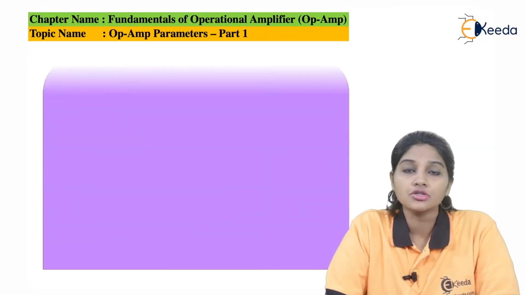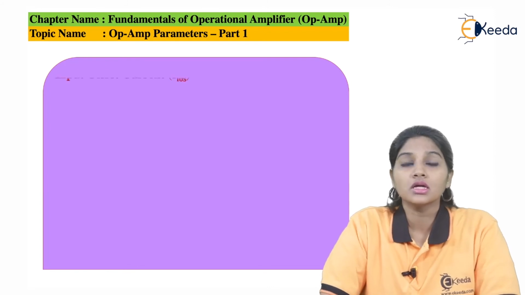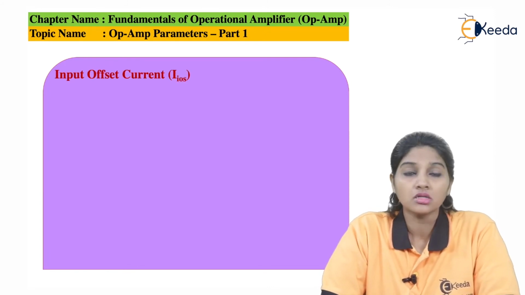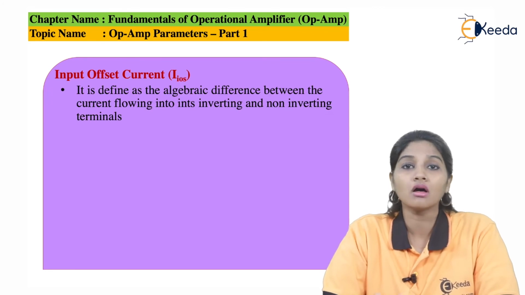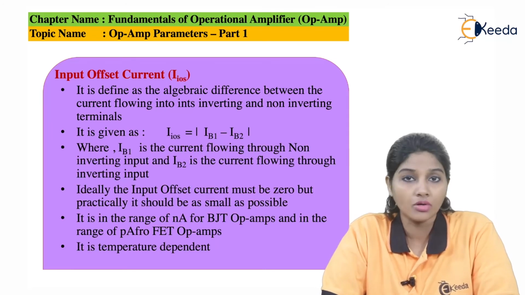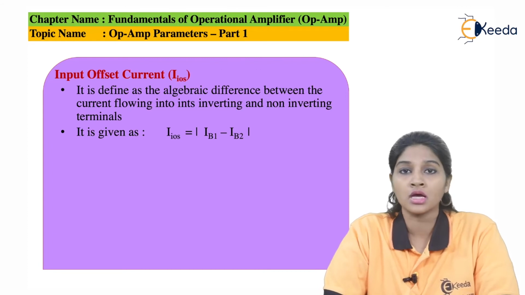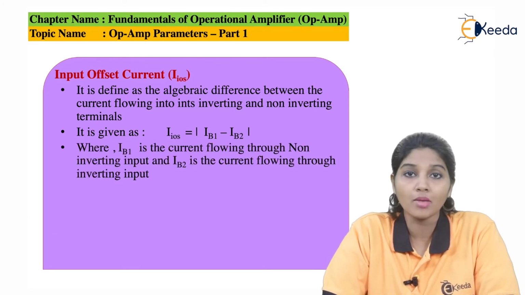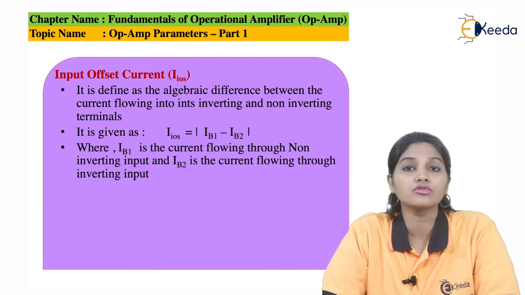Now the next parameter that we are going to consider is the input offset current, that is IIOS. The input offset current is the algebraic difference between the currents flowing through the non-inverting terminal and inverting terminal of the op-amp, and it is given as IIOS is equal to IB1 minus IB2, where IB1 is the current flowing through the non-inverting terminal and IB2 is the current flowing through the inverting terminal.